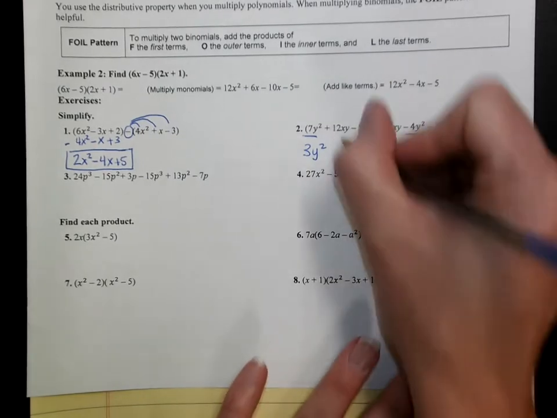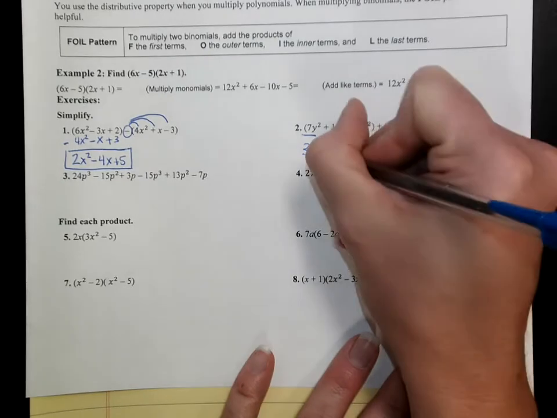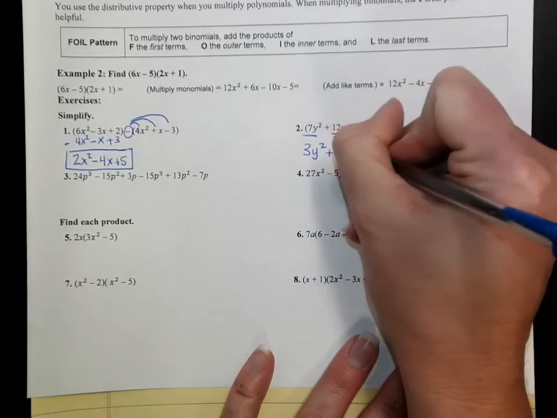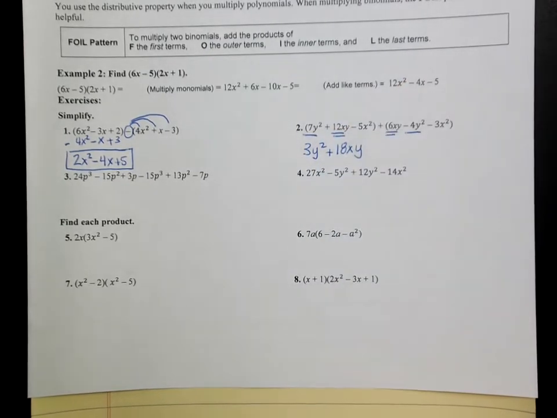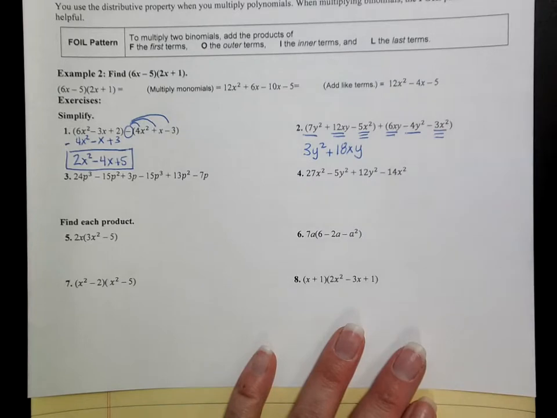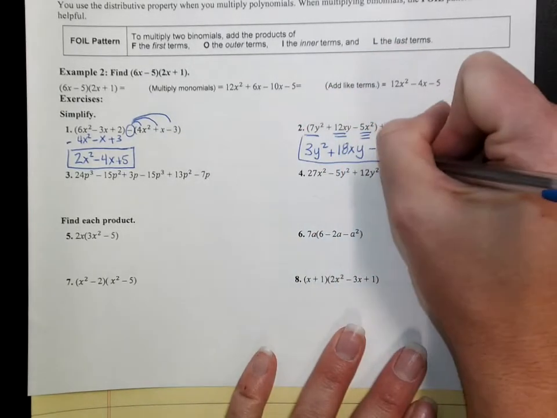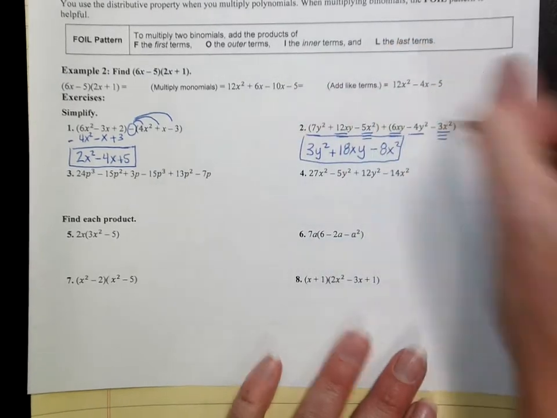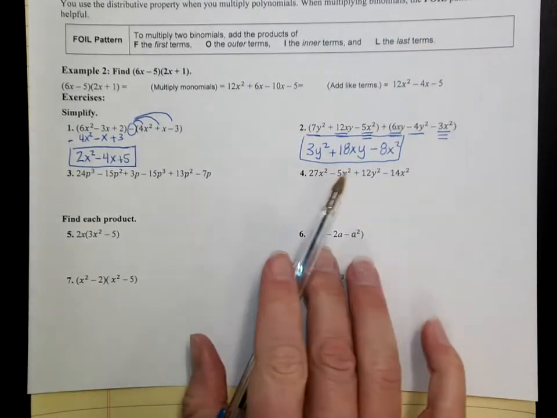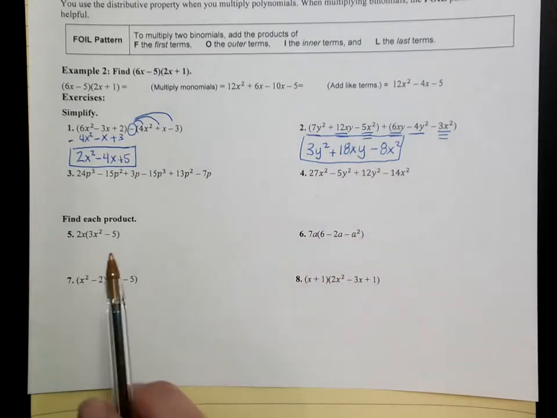Looking at the xy next, 12xy plus 6xy is a plus 18xy. Remember, when you add, the variables stay the same. Finishing this off, a negative 5x squared minus 3x squared, negative 8x squared. Traditionally, we like to have these polynomials in descending order. When you have different kinds of squared variables, it doesn't really matter. You could write it in any order and it would technically be correct.